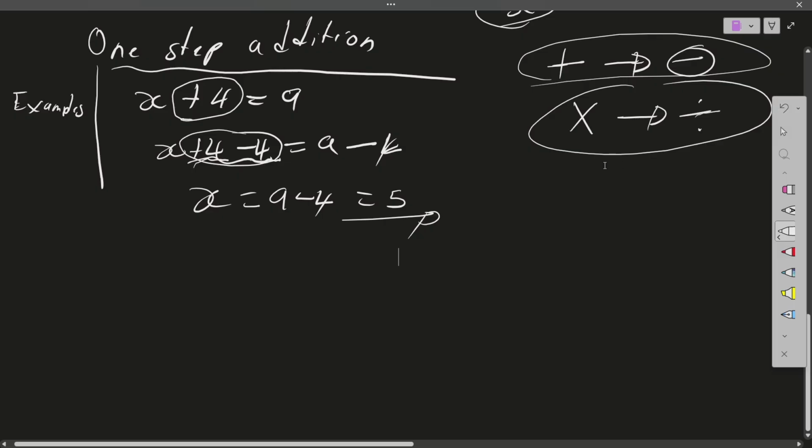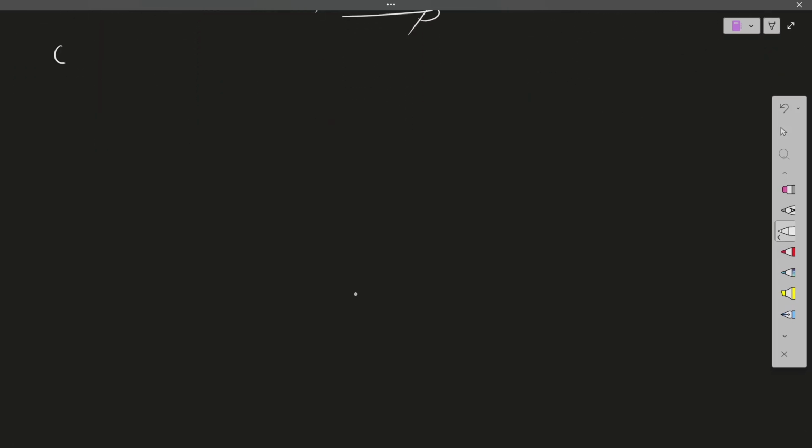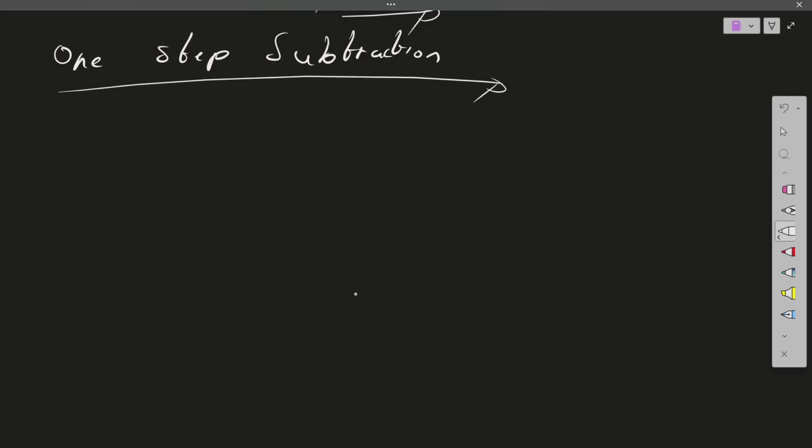So let's do one step subtraction. One step subtraction is saying x minus 7. This is just an example.